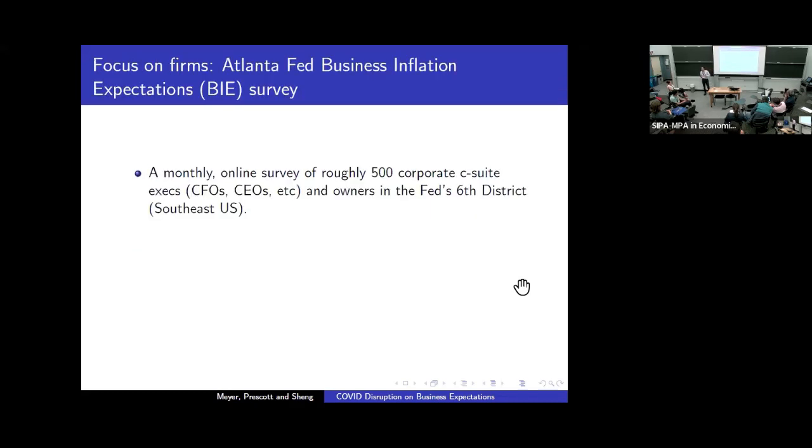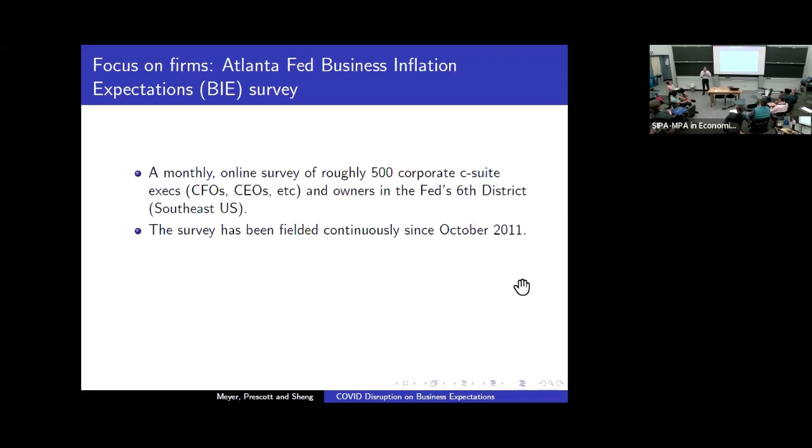Let me give you some background information on the survey. This is an online survey of about 500 C-suite executives, CFOs, CEOs, and business owners, in the sixth district. Basically, it covers firms within six states in the southeast part of the United States. The survey has been fielded continuously since October 2011 on a monthly basis.